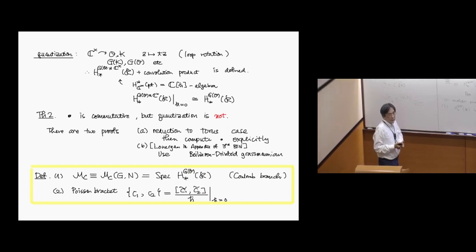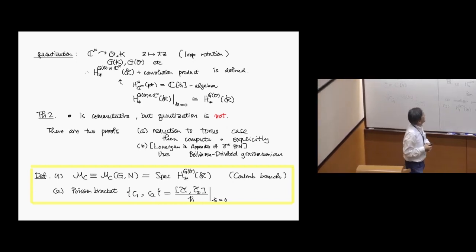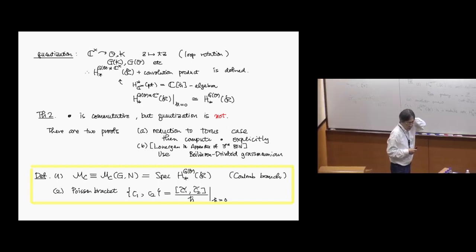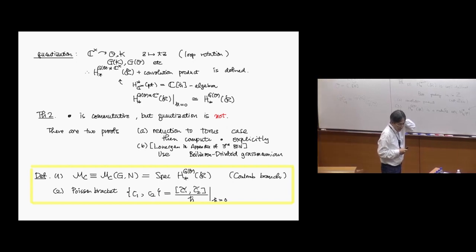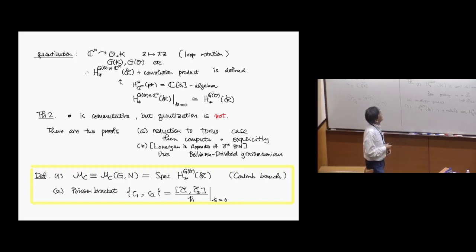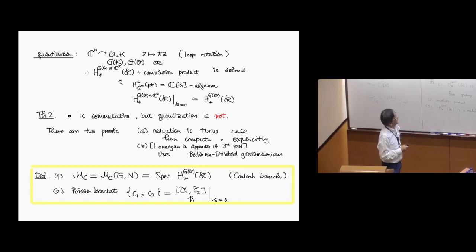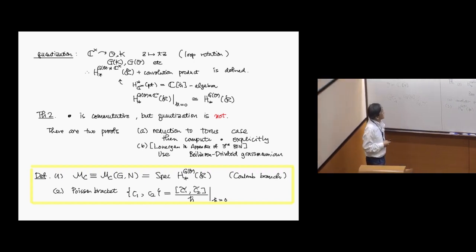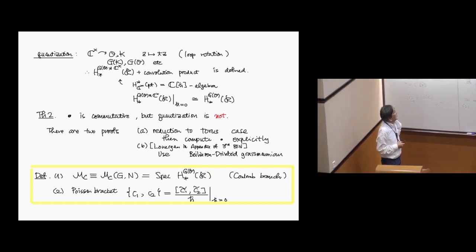I hope Jimen explained the proof of commutativity by using the so-called Beilinson-Drinfeld Grassmannian. We have a similar proof, similar in spirit, by Roneman. I don't explain this second proof at all.